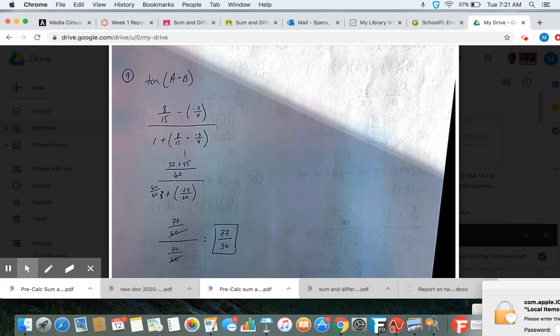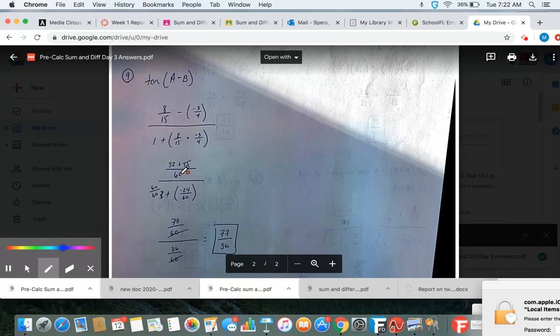You're going to have down here a positive times a negative, so that's going to end up being a negative in the denominator. You're going to have to work with the common denominator again, which is 60, because we're using the same angle, so it's the same 15 and 4. Same thing, 60 and 60. I don't think there was any negatives here, so our answer is positive 77 over 36.